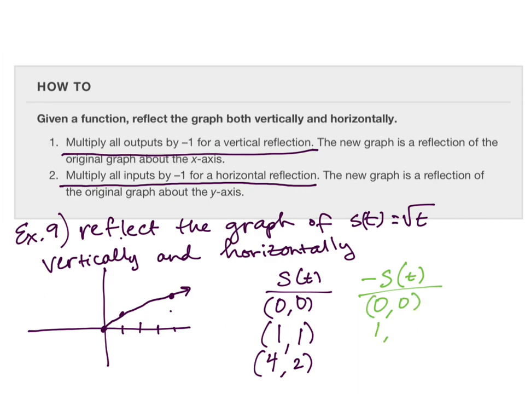But I can reflect 1 by plotting that point at -1, right? And 4 comma what? -2. If you plot those new points, you'll see that this is a direct reflection over the x-axis. This is a vertical reflection.